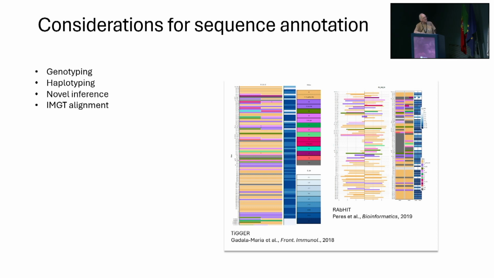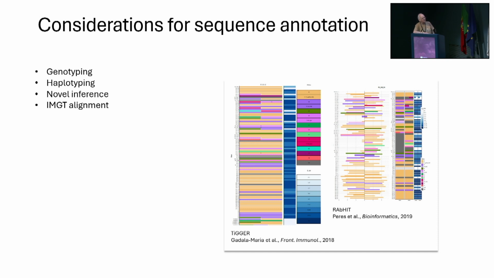These are great tools that can help you get more information about your subjects and how the genomics vary between the subjects in your study. They're also very good ways of coping with noise and unexpected novel alleles in your repertoire.